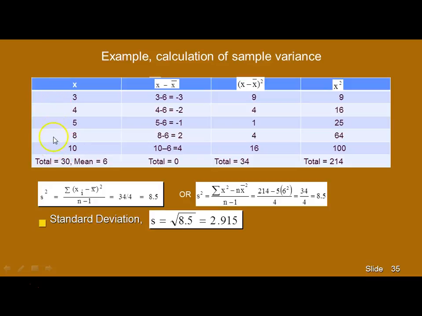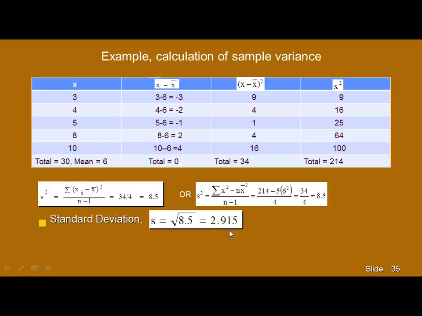There were 5 elements in our sample, subtract 1, that's equal to 4. 34 over 4 is 8.5. It would be our sample variance. If 8.5 is our variance, the standard deviation is the square root of that, or 2.915.